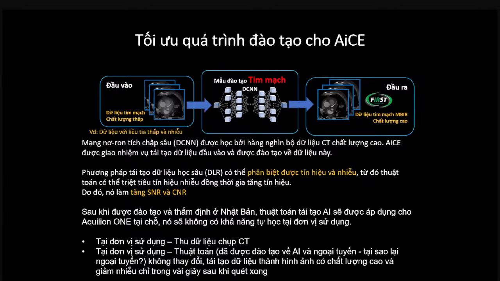So on site you scan, the data is acquired, and the algorithm, which is already trained and offline, is used to reconstruct the data into high quality images and reduce noise within 15 to 20 seconds after scan completion. You may ask, why is the software installed offline?